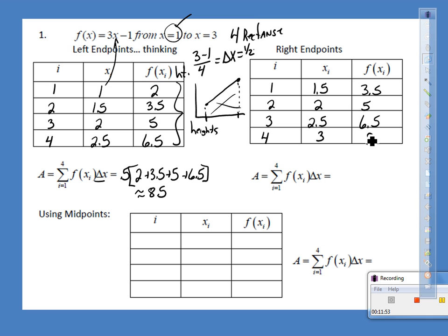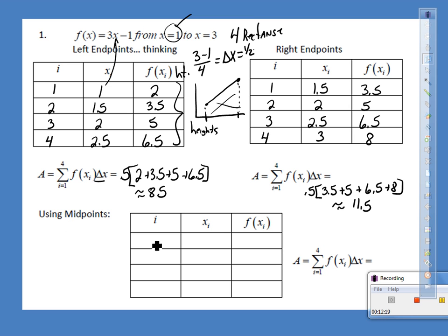So to estimate the area under the curve, I'm going to have delta x, which is 0.5, times the height of each rectangle. The height of the first right bound rectangle happened to be 3.5, and then a 5, and then a 6.5, and an 8. So using right bound rectangles, it was about 11.5. So okay, nothing great, but okay.